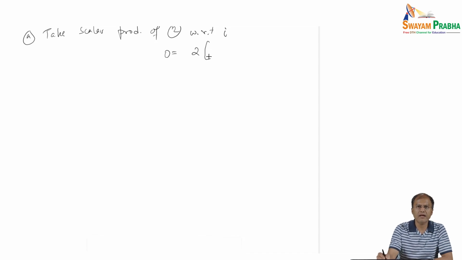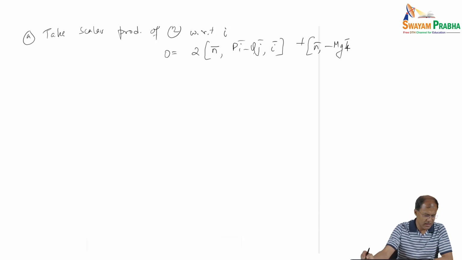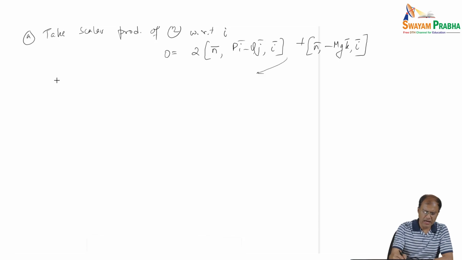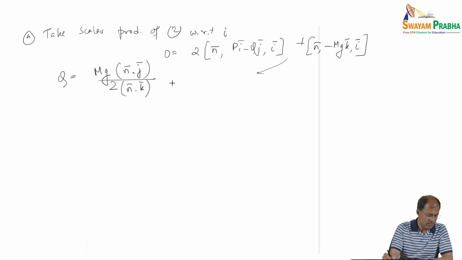We are writing in the triple product notation: 2 times the triple product bracket of n, p i minus q j, I, plus the bracket of n bar, minus mg k, I. And from here we see that q is equal to mg n dot j by 2 times n dot k. We have taken the triple product and immediately get the value of q.